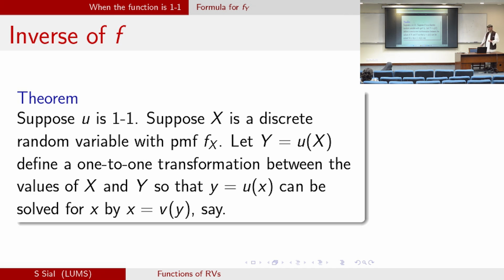Let's say that that's one-to-one. Now, since u is invertible, let's say it has an inverse v, right? So y equals u of x, and x is equal to v of y, right? Then where we see x, we can replace it by v of y.